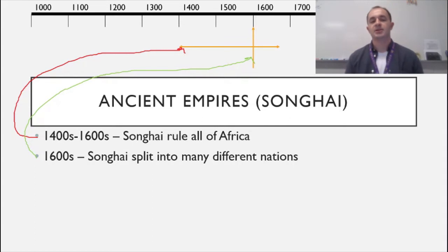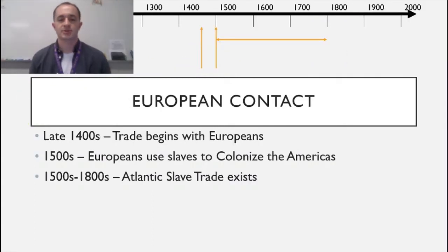Speaking of European contact, in the late 1400s, so this is around the height of the Songhai Empire, trade begins between Europeans and Africans. So this is trading different spices and gold and some slaves at this point, not as much as we would see a little bit later on, but this is trading all sorts of goods and materials back and forth, cloths, things like that, different types of vegetables and meats, and then even trading ideas.